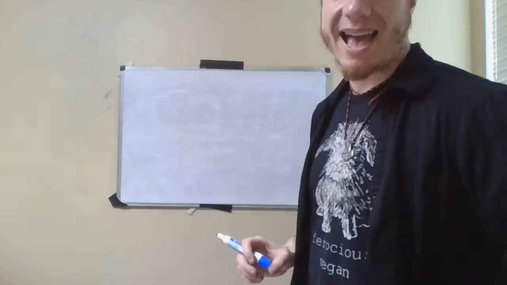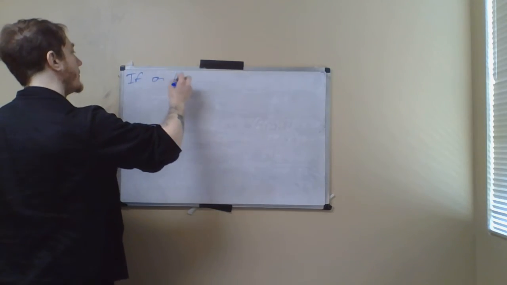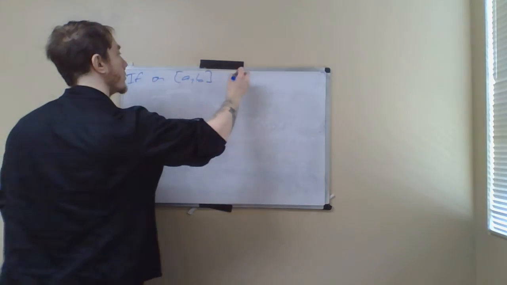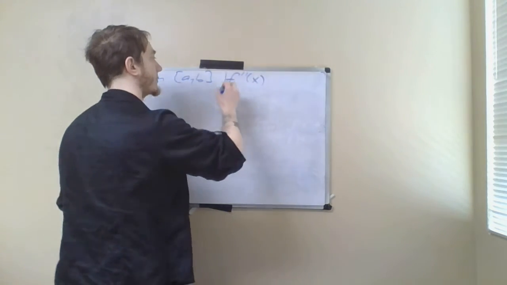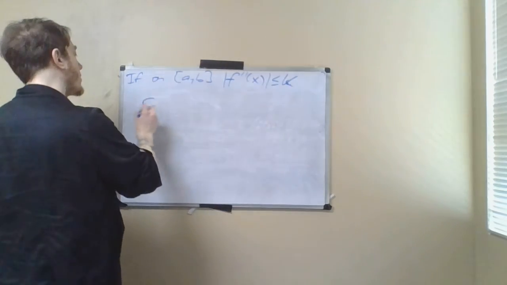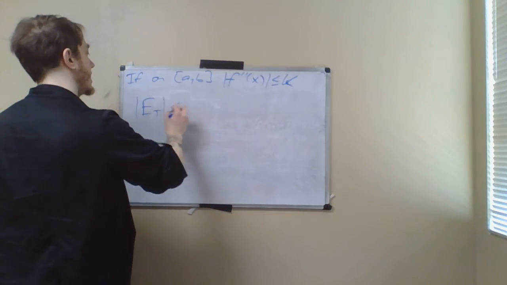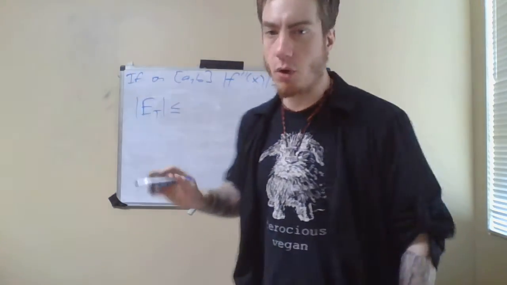The error bound is actually pretty similar to the error bound for the midpoint. So, if on the interval a to b, we have the absolute value of the second derivative less than or equal to k, then the error for the trapezoidal rule is less than or equal to, it's almost the same thing.